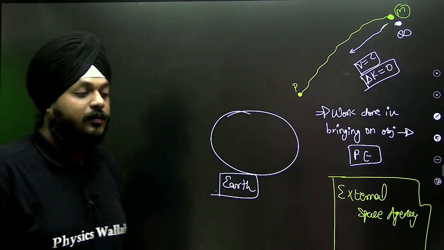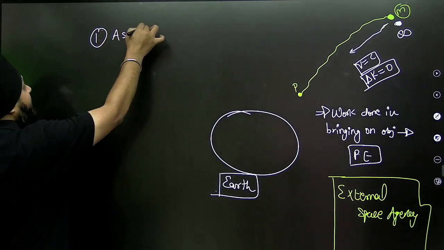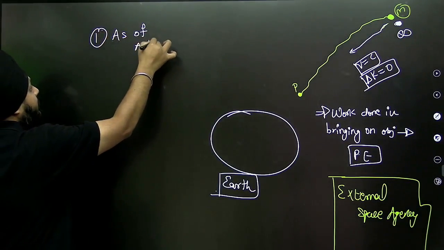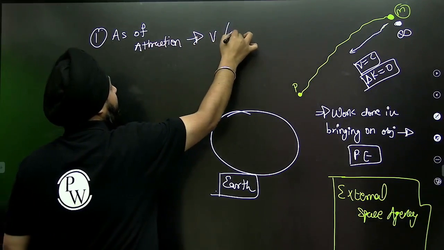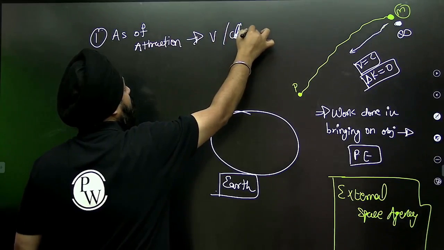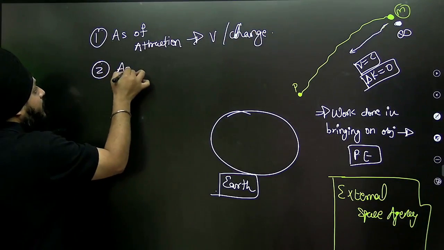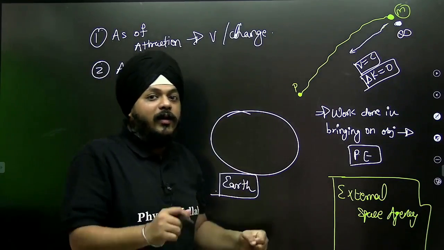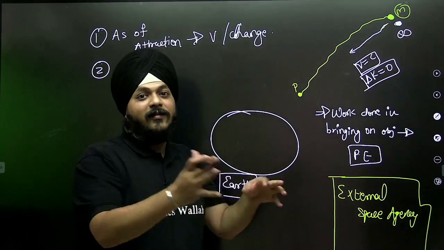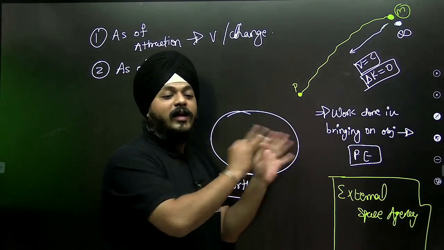Two different things. As of attraction, velocity may get changed. Suppose Earth is attracting, and we were walking along the road eating bhelpuri, the smell attracted me, so our velocity got changed.